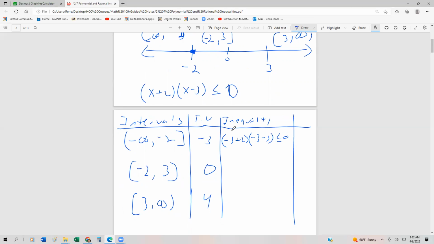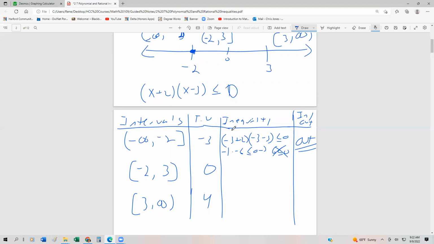Simplifying gives me -1 times -6, which is 6 less than or equal to 0, which is clearly false. So the last thing we determine is whether this interval is in the solution set or out. Because it's not true, it's going to be out.